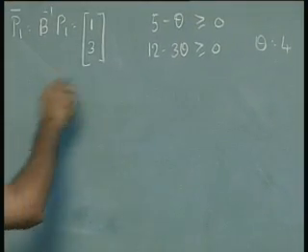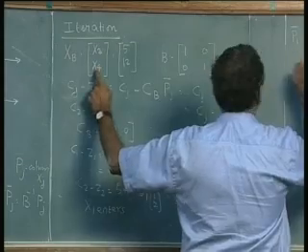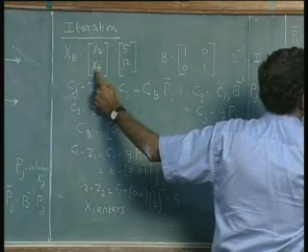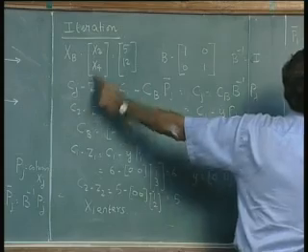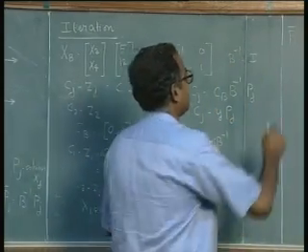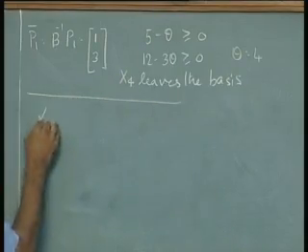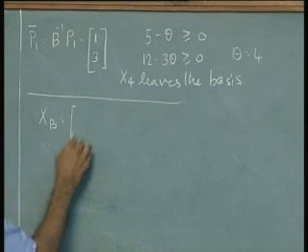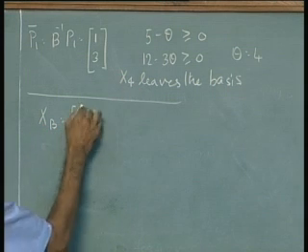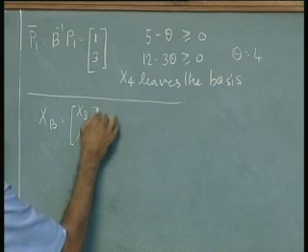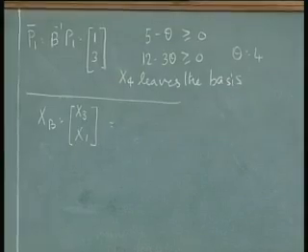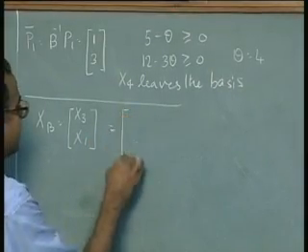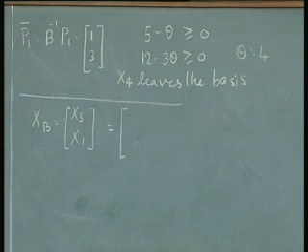Now, because the second variable gives us theta equal to 4, x4 leaves the basis, and the new set of basic variables xB will be, x4 leaves the basis, x1 replaces. So, you have x3 x1 as you have here. Interestingly, you can now go back and write the actual values of the right hand side by doing this.